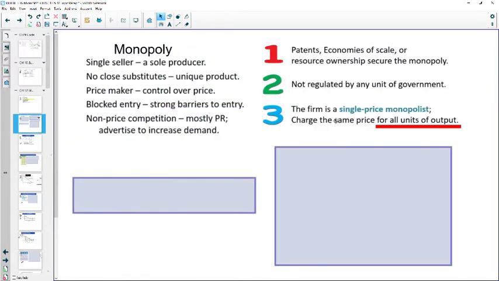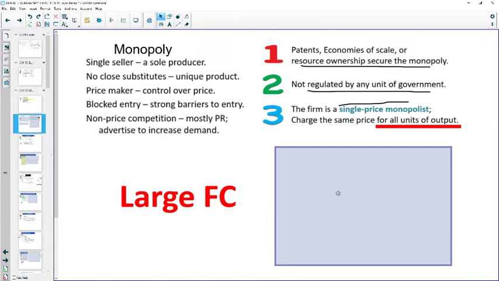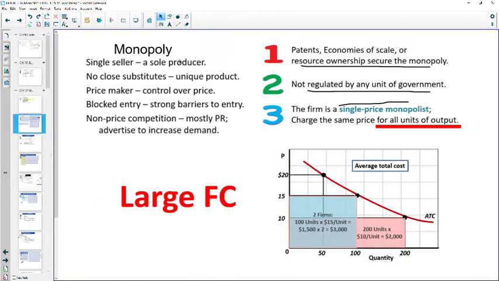There are three things that we're going to make as our main assumptions. Something secures the monopoly: either you have a patent or you own all the raw materials. You can do whatever you want; you're not regulated by a government. And you charge the same price to everyone, and that's going to be important. Usually monopolies have very large fixed costs, which means the average total cost keeps coming down as quantity goes up. In the case I'm showing here, this is called a natural monopoly. It is natural.